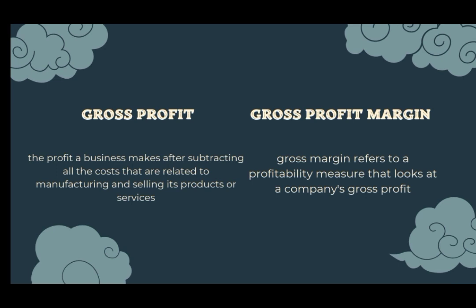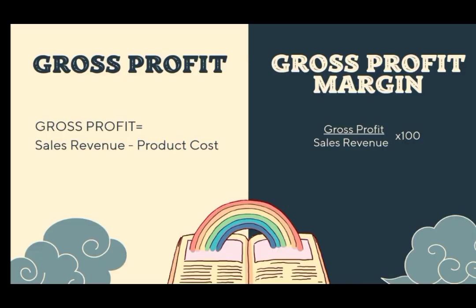At ang formula naman sa gross profit ay sales minus revenue, habang sa gross profit margin naman is gross profit over sales revenue times 100. So again, gagawa na naman tayo ng mga problem dito. Kailangan na naman natin mag-solve ng mga problem.